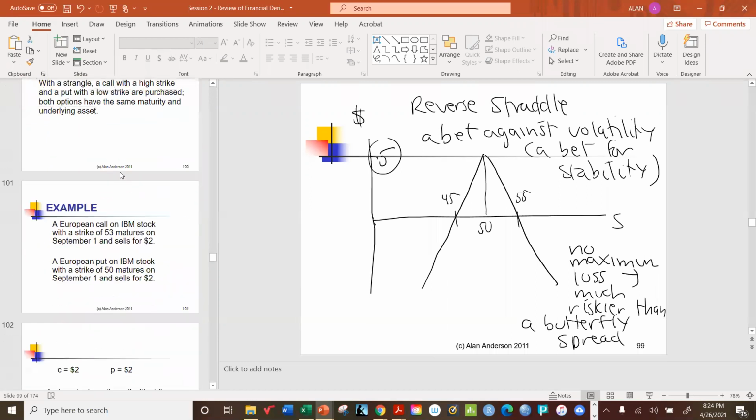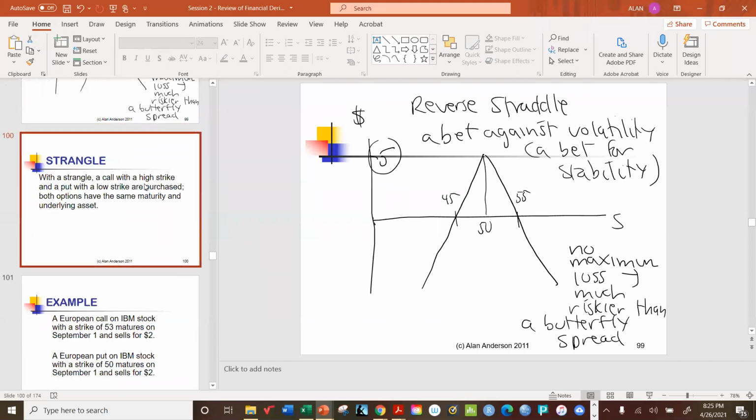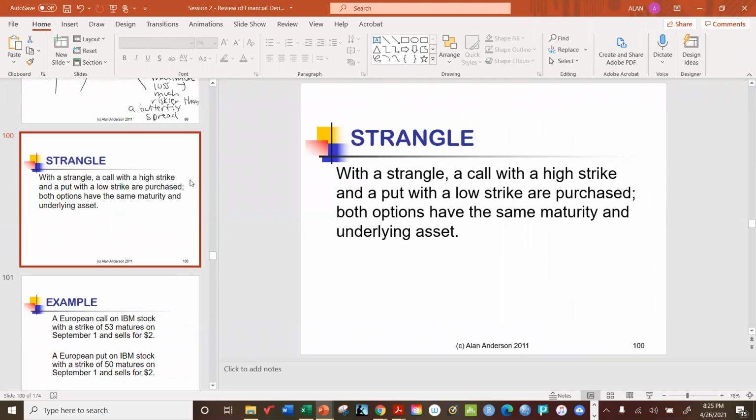Now, all of these positions in principle can be reversed by just selling what you normally would buy. Now, here's an interesting variation of the straddle. It's called a strangle. And you're still buying a call and a put, but the difference is that they have different strike prices. So the good thing about this is that it's a little bit cheaper.